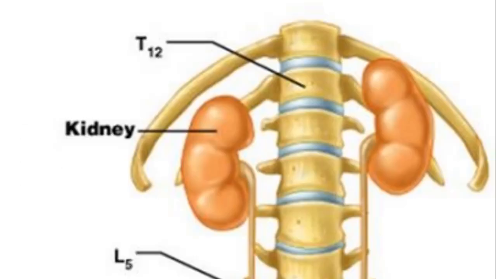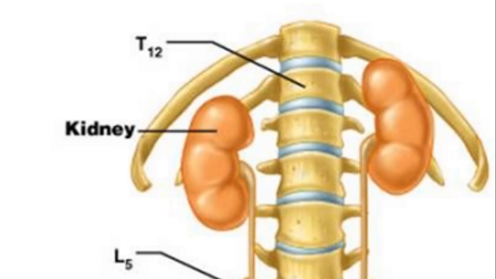Simple definition of the kidney. The kidneys are a pair of excretory organs situated on the posterior abdominal wall on each side of the vertebral column behind the peritoneum. So the posterior part of the kidney is the retroperitoneal part.